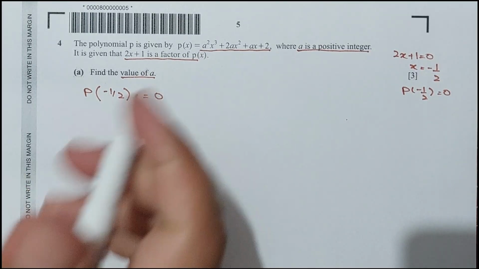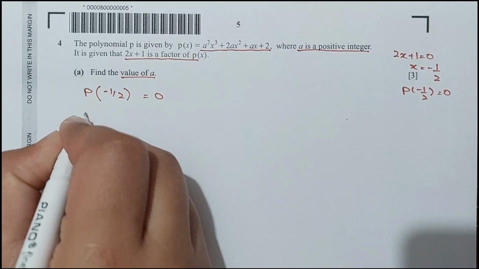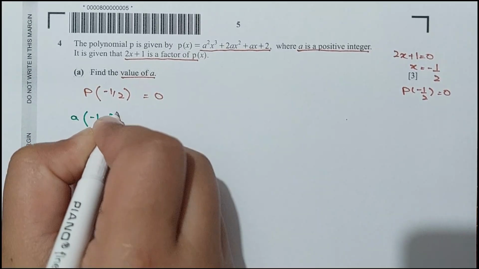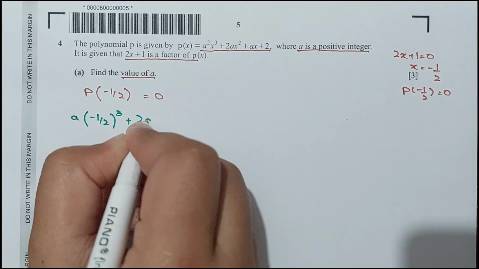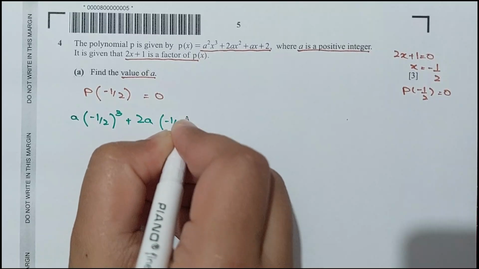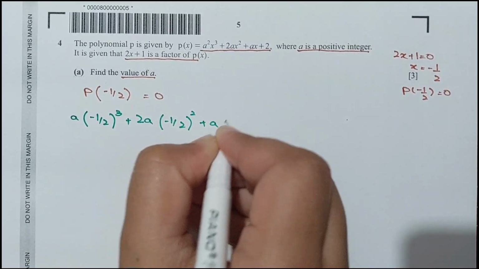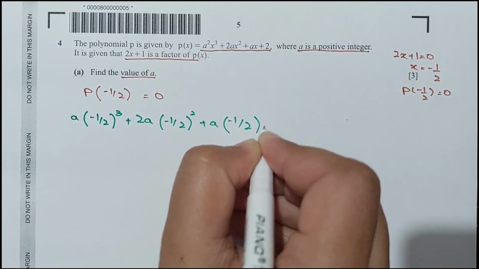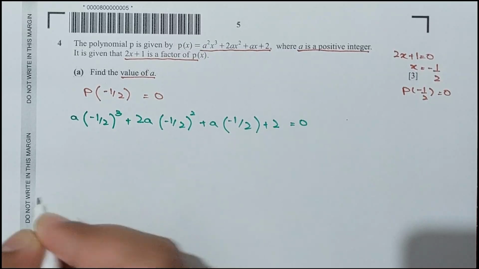All right, so let's do this. a times (minus 1 by 2) cubed, plus 2a times (minus 1 by 2) squared, plus a times minus 1 by 2, plus 2, should equal 0.